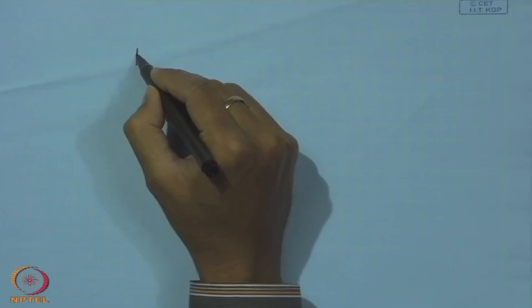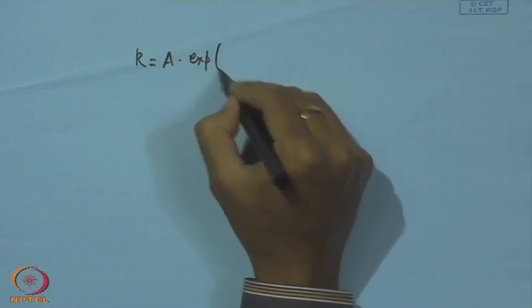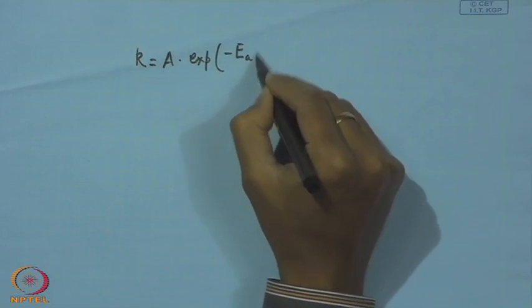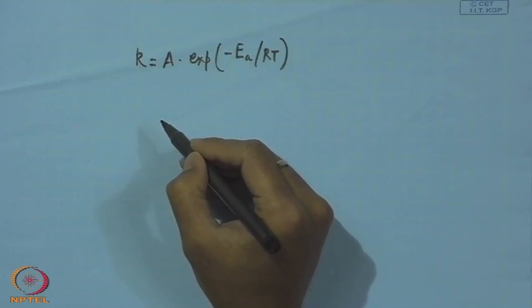So, it is basically an exponential rise with temperature. Now, next, if we differentiate with respect to absolute temperature, we have k is equal to A into exponential to the power minus E a by R T. You take logarithm on both sides.